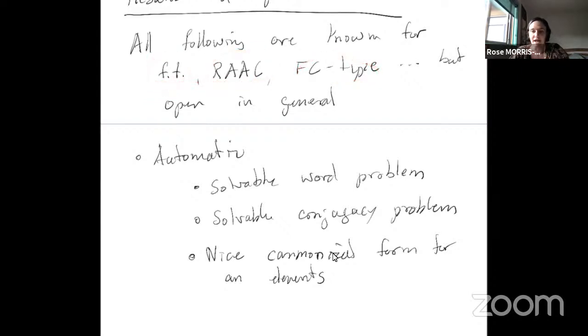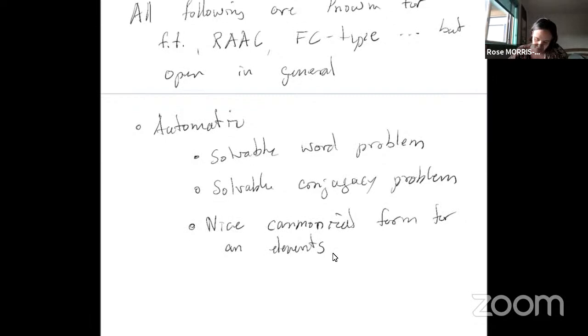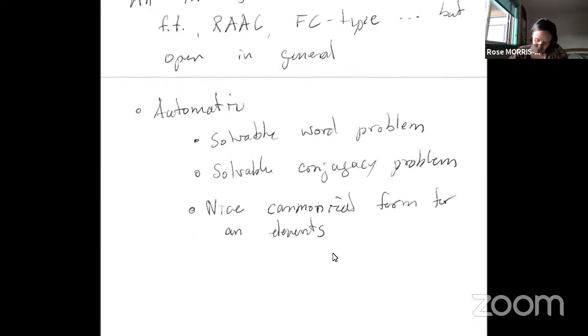All of these have a way where I can take a word and apply some sort of algorithm. It might be like a left greedy algorithm where I'm moving all of the letters as far to the left as I can in some sort of way. And eventually my algorithm stops and it produces a unique word for each group element. So this is one of the nice conjectures that's out there, and again, open in general.